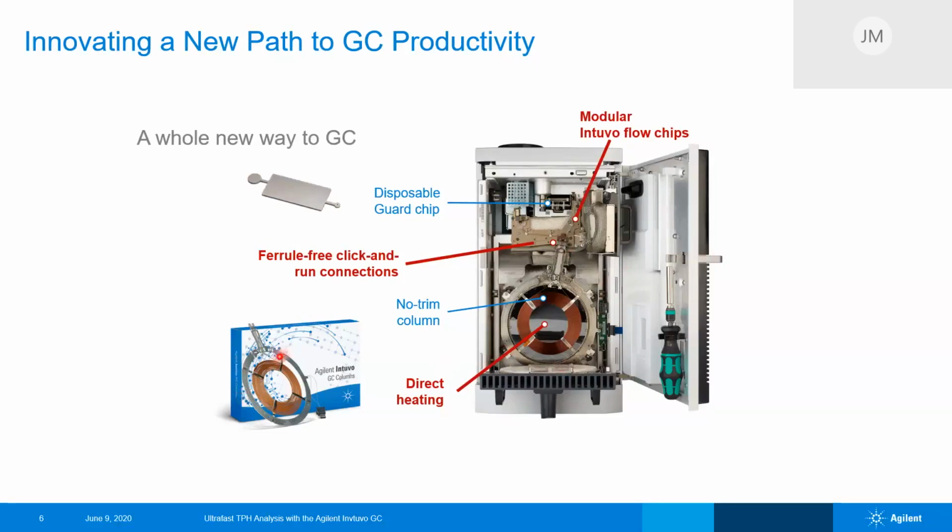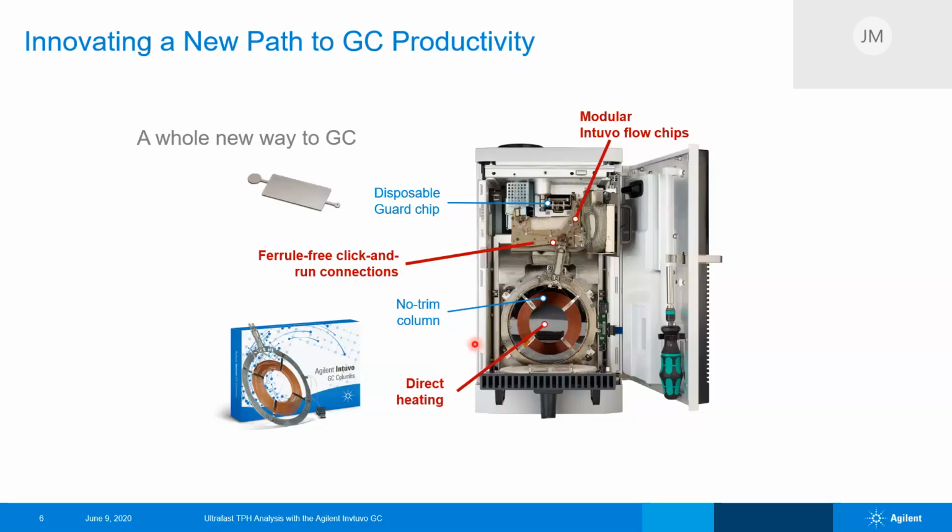Because all the coil wrappings of the column are now in one plane, we can press that against this heating element. And behind here, it looks like a mirror, but that's actually our direct heating element. Then when we close the door, a pad will go over the column, push it into the heating element, and eliminate all the airspace there so that the heat is directly applied to the column, not to the air around it.